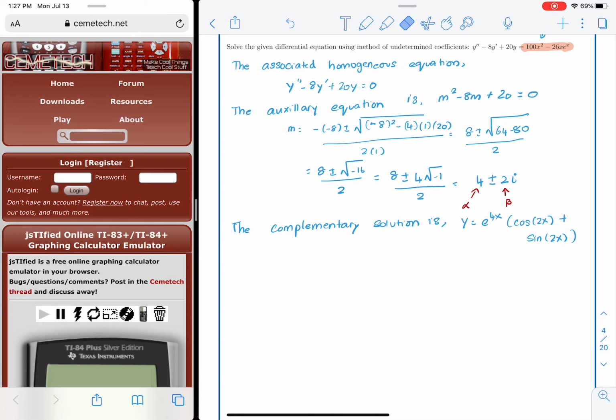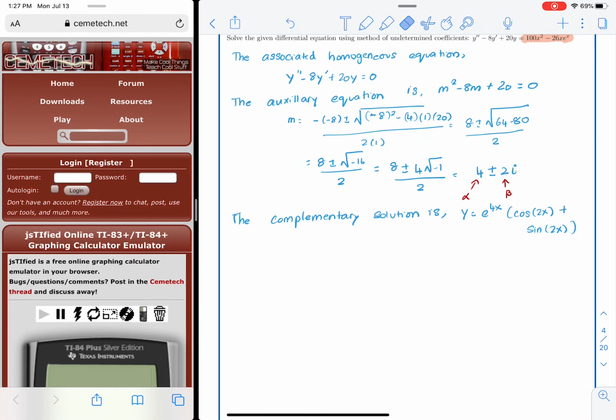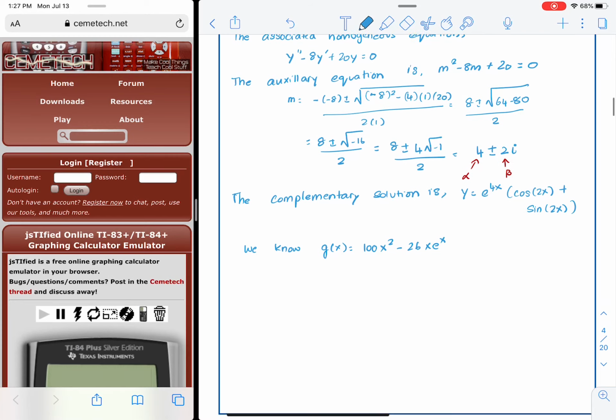Now that we have a complementary solution, we could find the particular solution using the function g of x. So we know g of x is equal to 100x squared minus 26x e raised x.